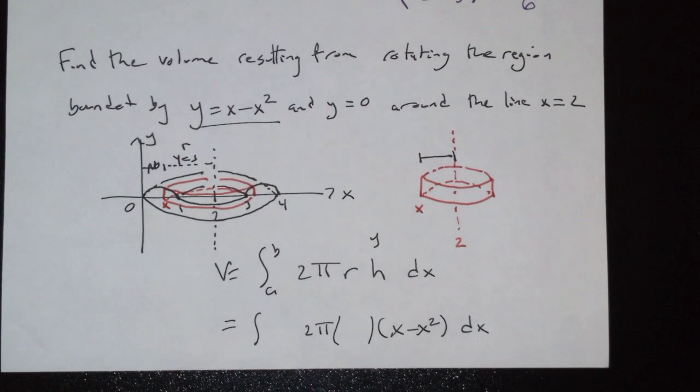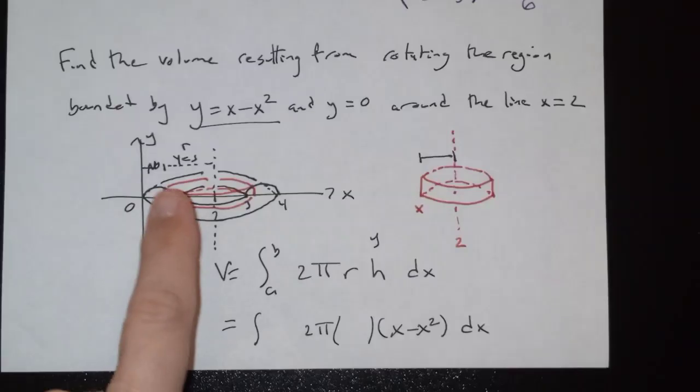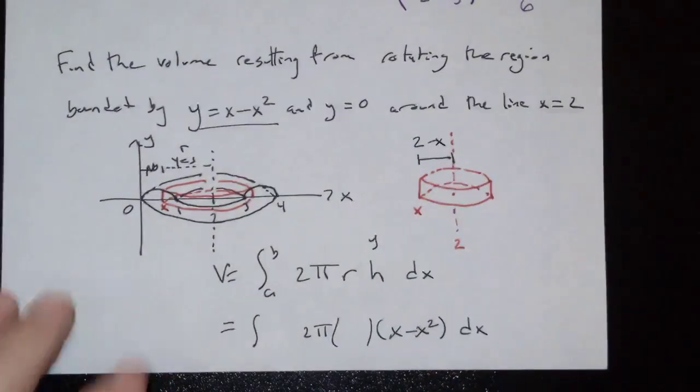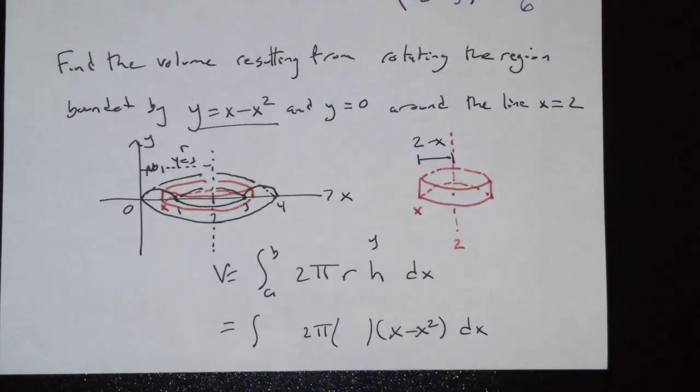If I just said x, I would think about measuring from x back to 0. But I'm not rotating around 0, I'm rotating around 2. So how do I figure out how far this distance is? The right number minus the left number.